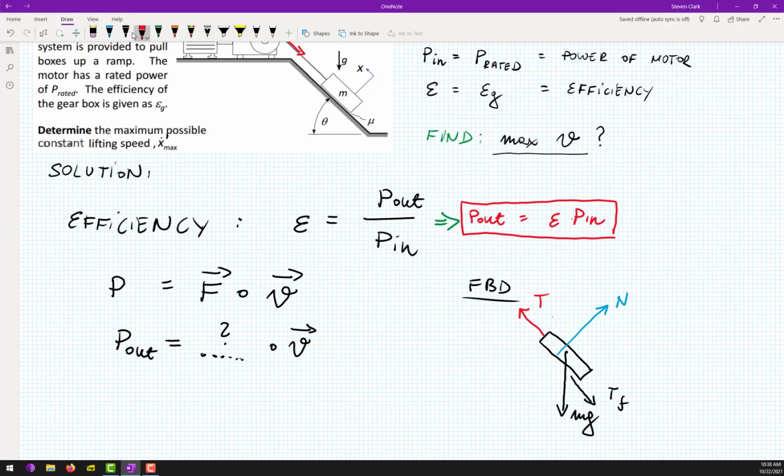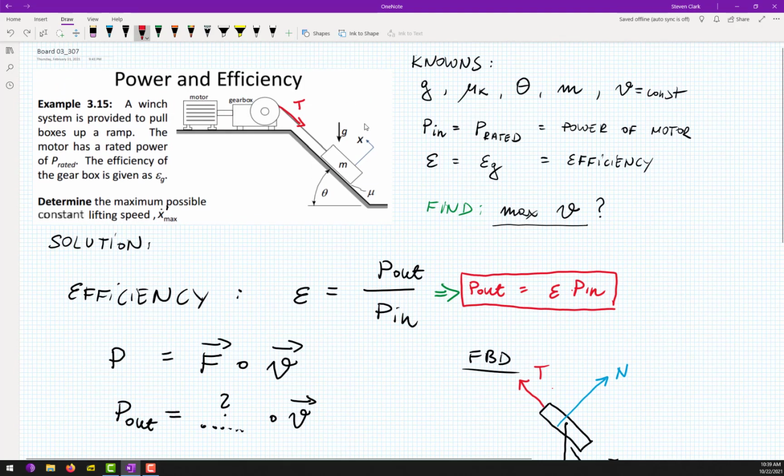That's it. So which of these 4 forces should go here? What do you think? And why?